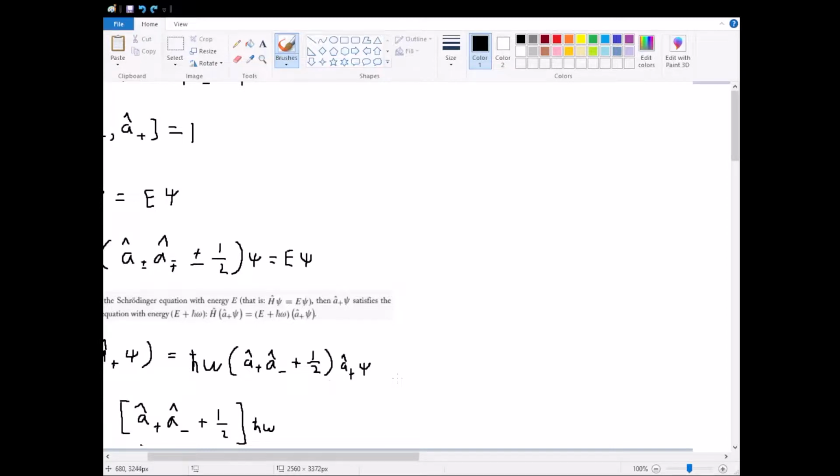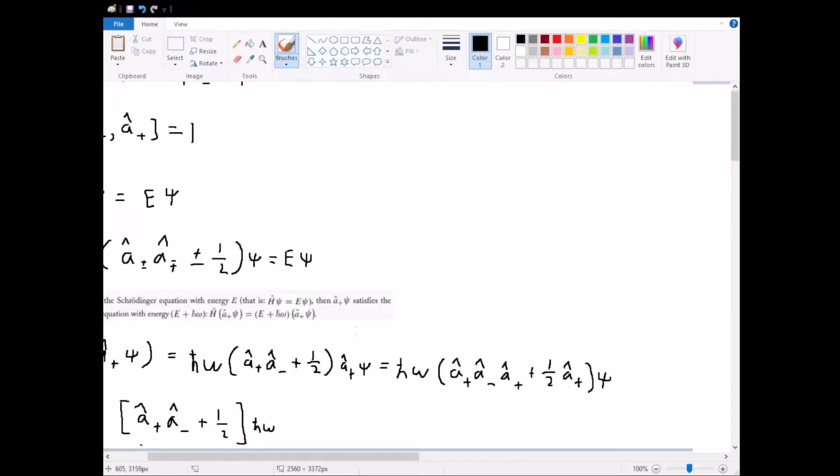So let's do that, since the order matters. This is going to give us h bar omega multiplied by a hat plus a hat minus as before, and with our additional a hat plus absorbed into it, plus 1/2 a hat plus, times psi.